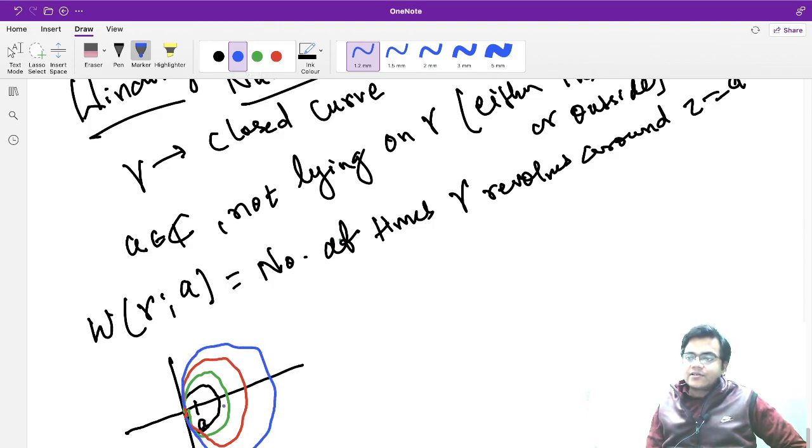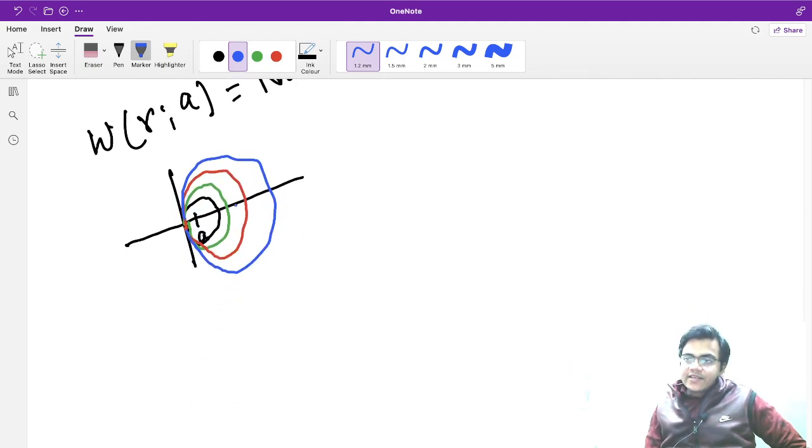This is point A and these are the curves in positive orientation, I mean counterclockwise.